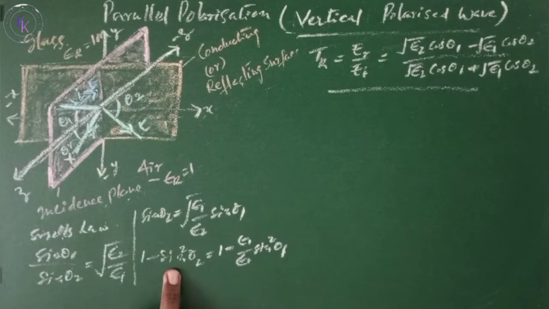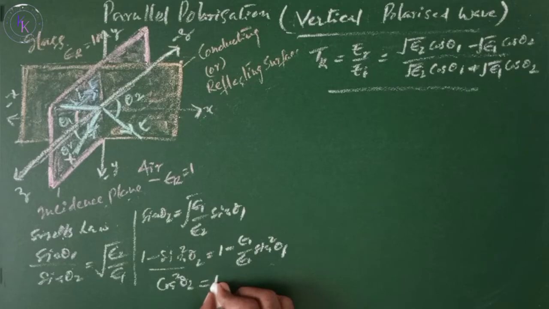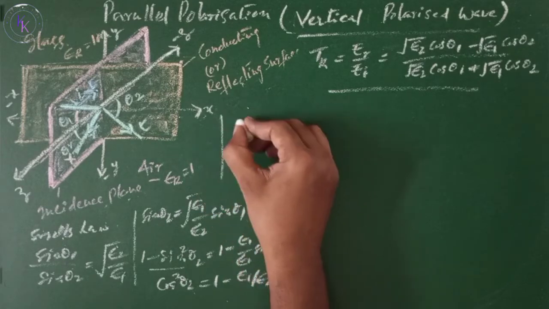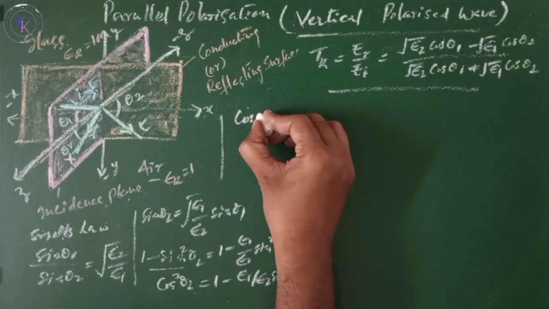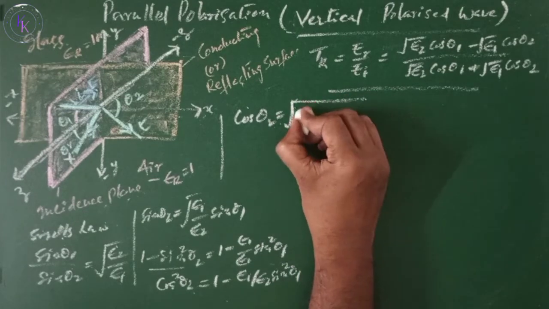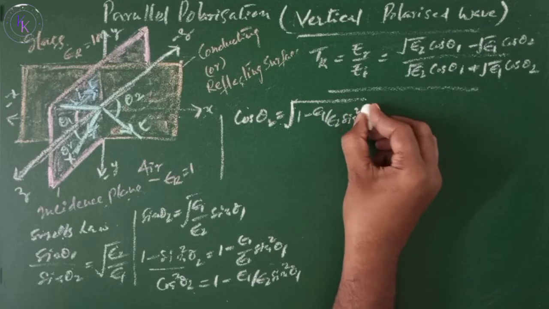Since this is nothing but our cos square theta 2, that equals 1 minus epsilon 1 divided by epsilon 2, sine square theta 1. From this, cos theta 2 equals square root of 1 minus epsilon 1 divided by epsilon 2, sine square theta 1.